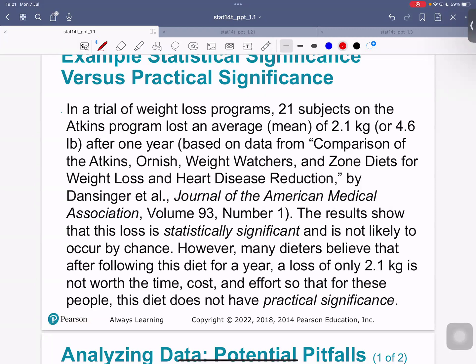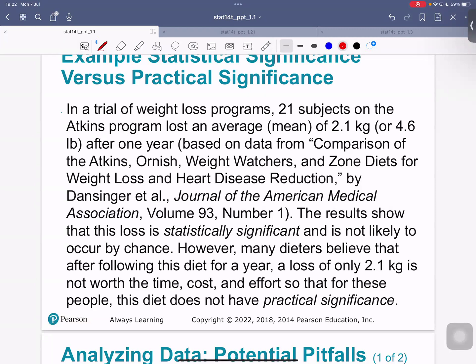So the weight loss wasn't random, right? So we all agree that this is statistical significance.